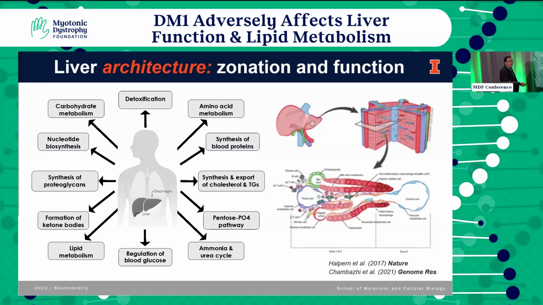In fact, very simple processes in the liver, such as glycolysis, fatty acid synthesis, ammonia detoxification, and drug metabolism, are all zonated, where certain hepatocytes carry out specific functions here, whereas other hepatocytes here carry out completely different sets of functions. So this architecture and zonation is important for the function of the liver.